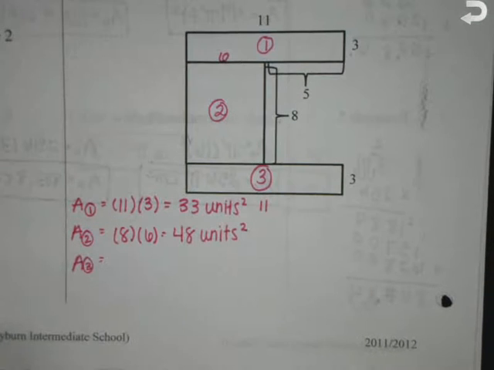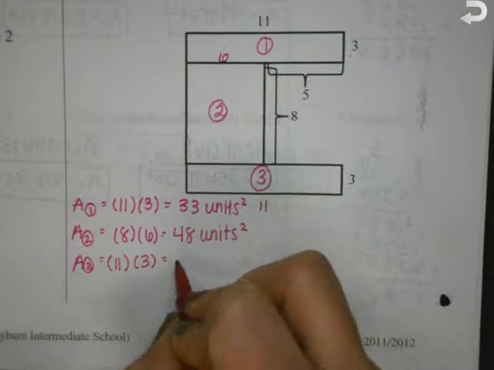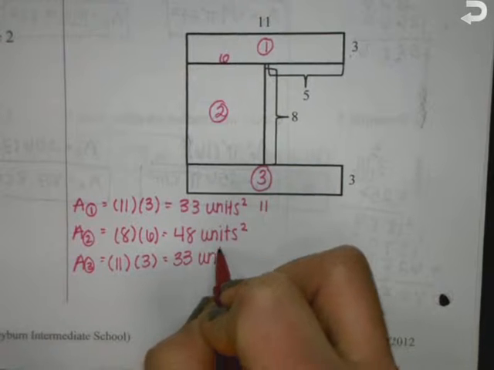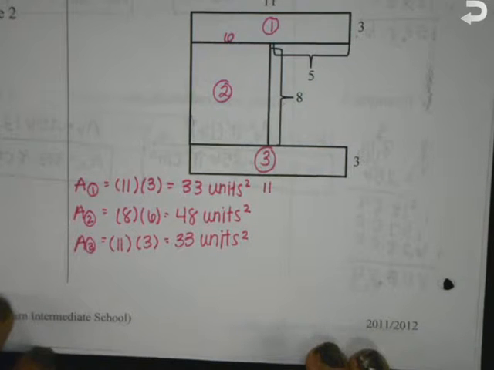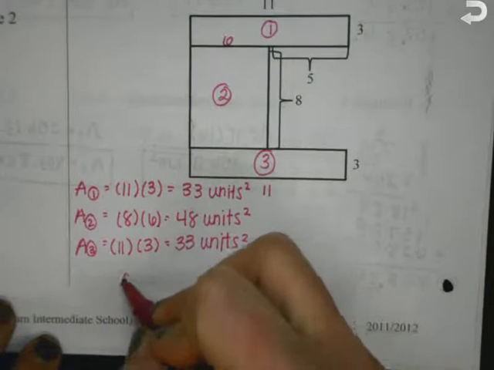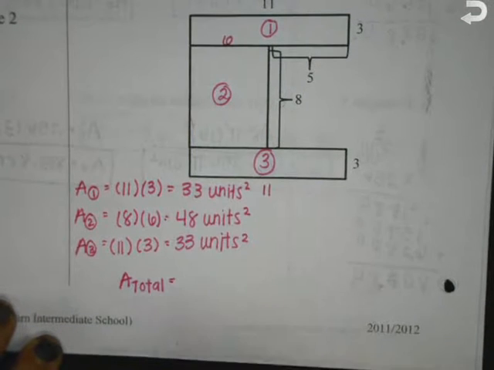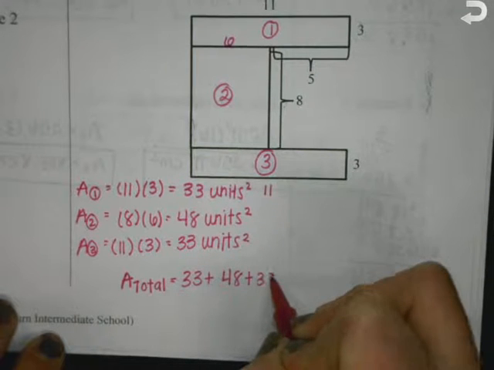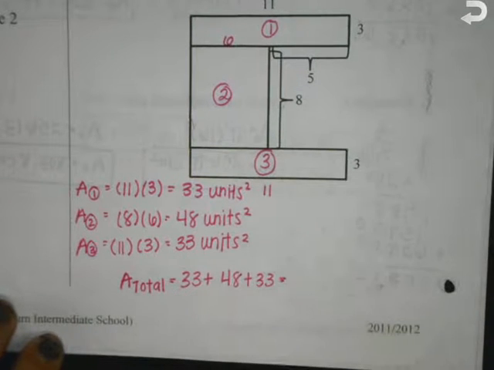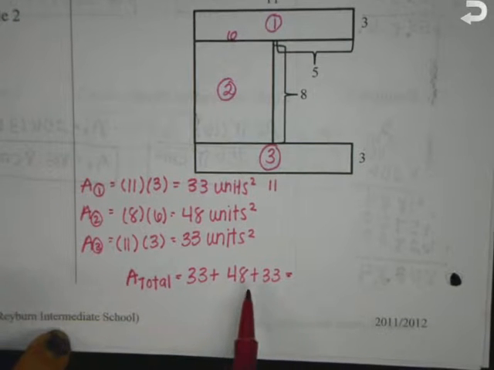Please make sure that you're showing all your steps. Okay, so far so good, right? So now I want to find area total. So how do I find the total area? Add them all up. So 33 plus 48 plus 33 is going to give me 33 plus 33 gives me 66 plus 48, 114 units squared.